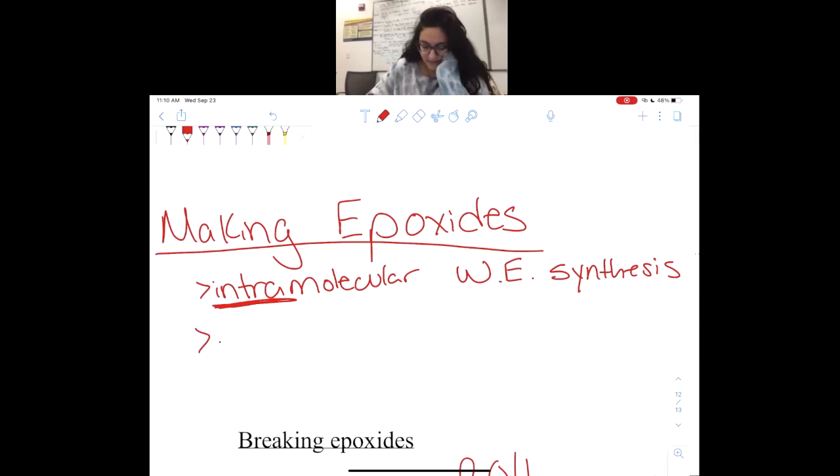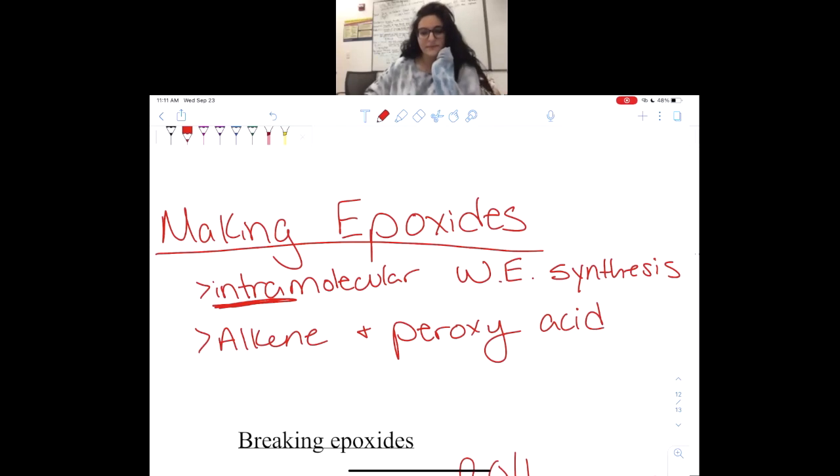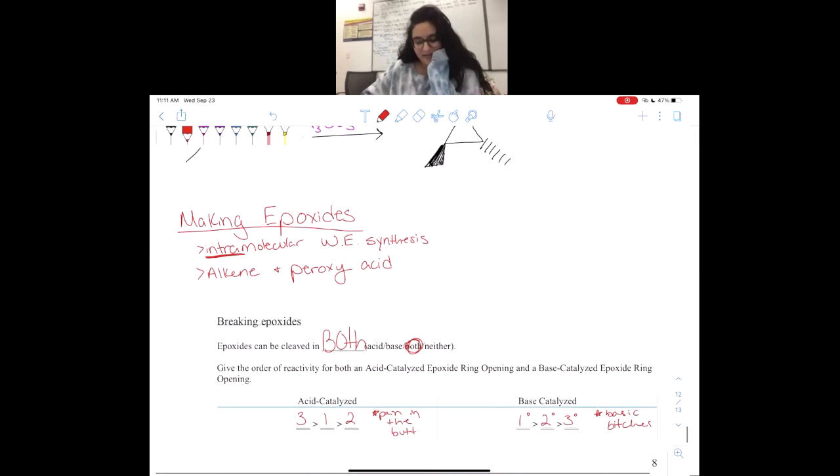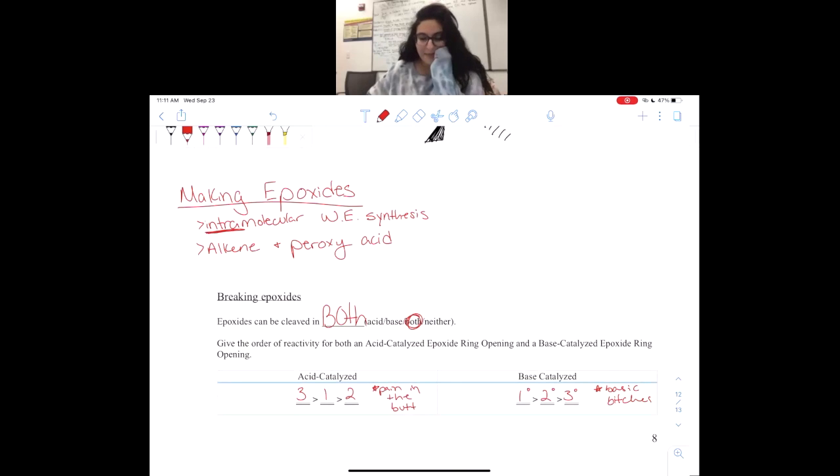And alkene plus peroxy acid. Ta-da! And then it says it right here, so I won't rewrite it, but we can break epoxides in acid and base because they're super, super unstable.